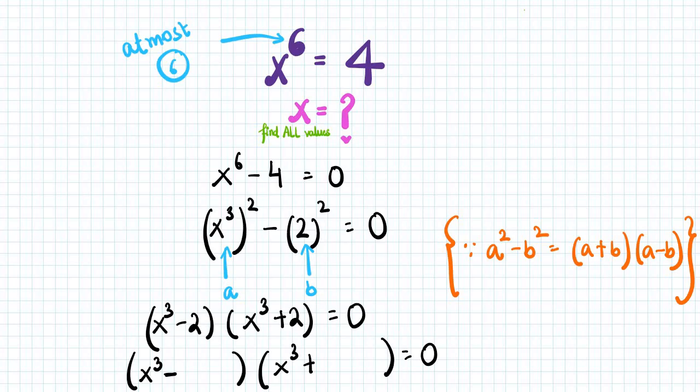So can I write 2 in cube form? Yes, of course: cube root of 2, whole cube. Is it possible? Why not? As far as it's a real number, it is possible.